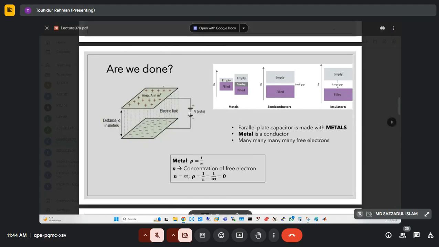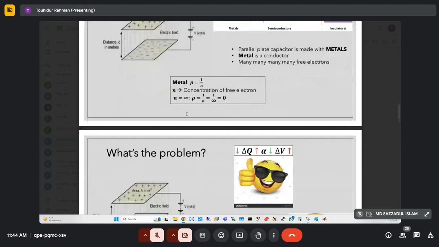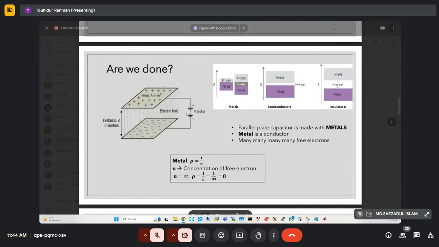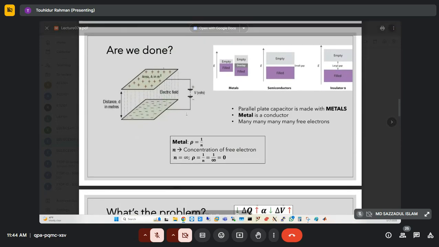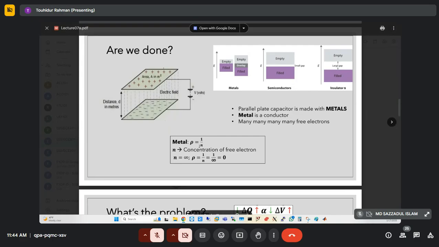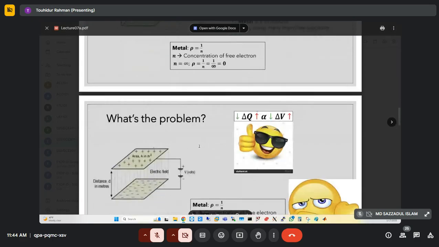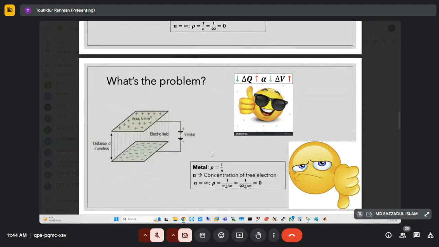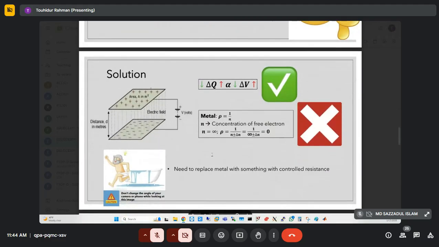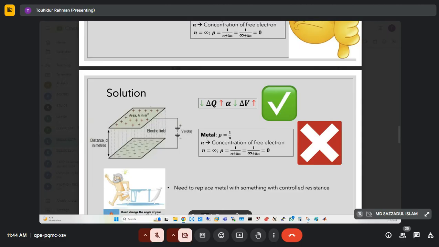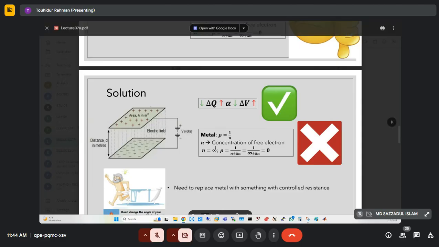In this particular case, obviously they are very simple concepts. If we have a metal, we cannot change the resistance, but how can we change the resistance? The question is, what is the question, right? So this is our issue problem.